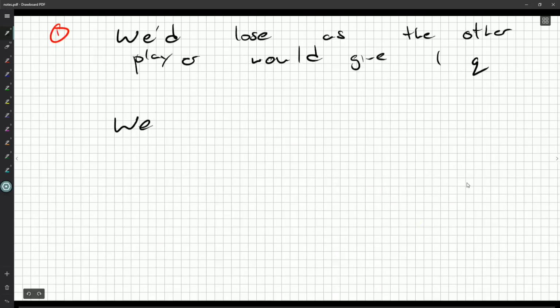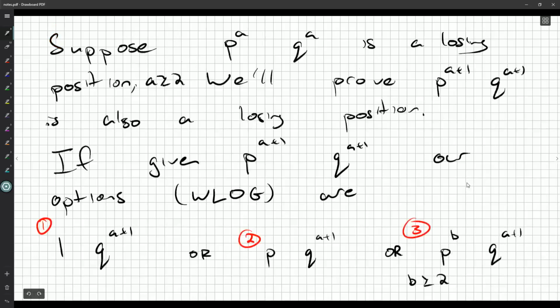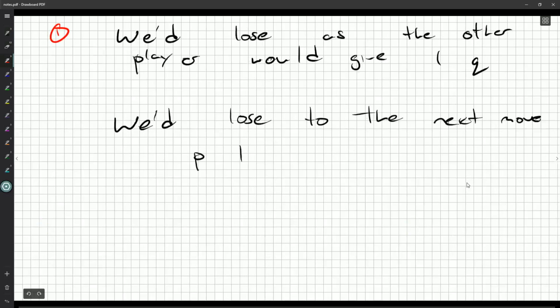For 2, we'd lose to the next move, which would be p 1. They'd eliminate everything on this side. And then finally, so that was case 2, case 3.